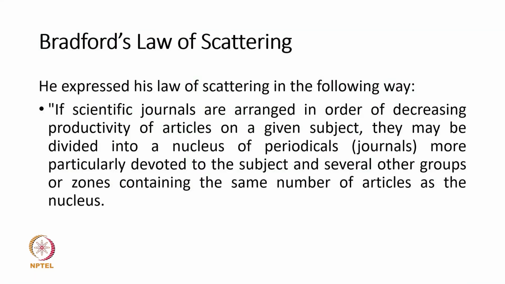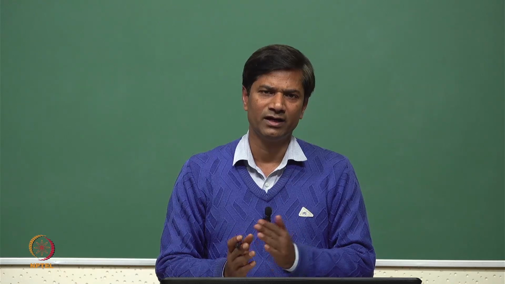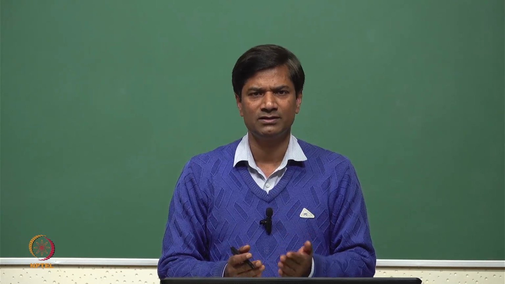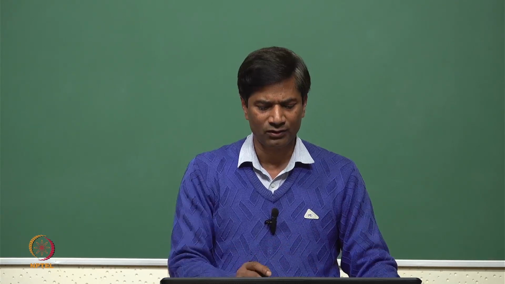Based on that, he expressed his law of scattering in the following way. He said, if scientific journals are arranged in order of decreasing productivity of articles, and we have seen what the order of decreasing productivity of articles is, we are arranging the journals in descending order. That means the journals which contribute the maximum articles would be at the first place, and so on.